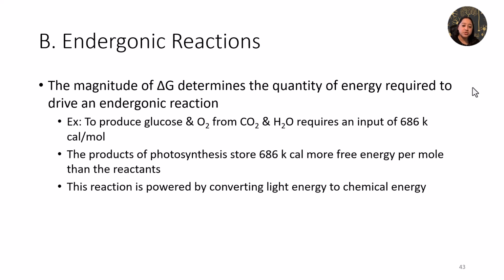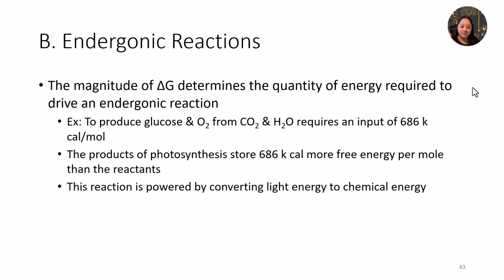To produce glucose from carbon dioxide and water, which happens in photosynthesis, this actually requires an input of 686 kilocalories per mole. For each mole of glucose that you're making, you had to put in 686 kilocalories, which makes sense.